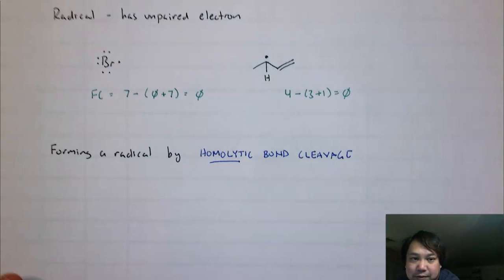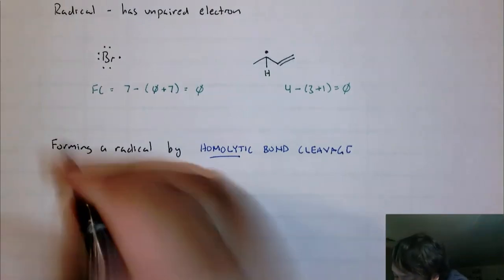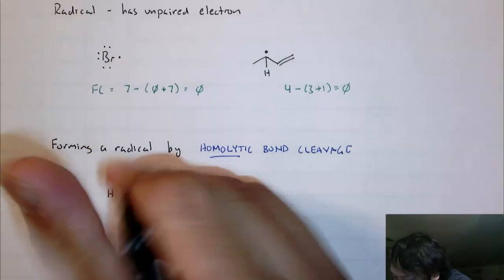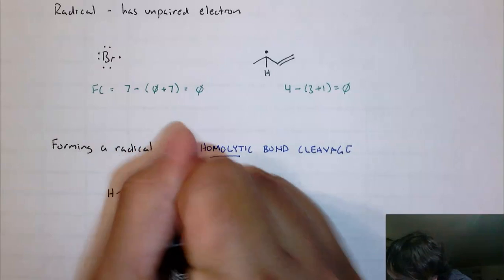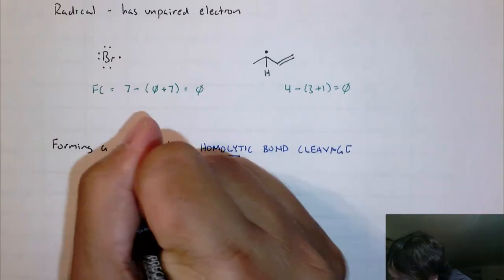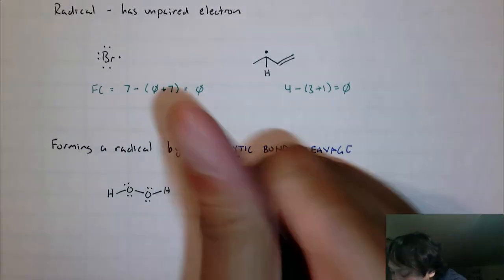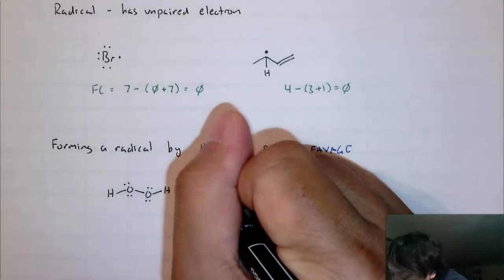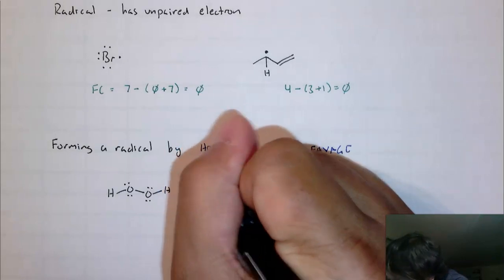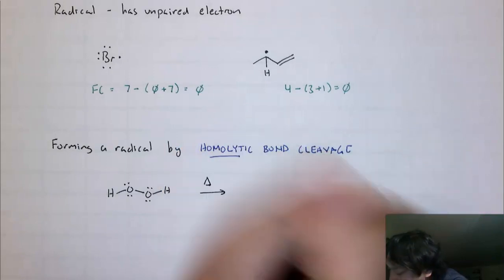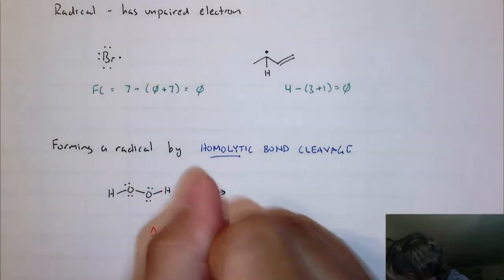Let's use hydrogen peroxide. Hydrogen peroxide looks like this. It's H2O2. Weird looking molecule. I'll put in all the lone pairs, and we impinge this with either light or heat. Heat would be a triangle. So this is triangle equals heat.